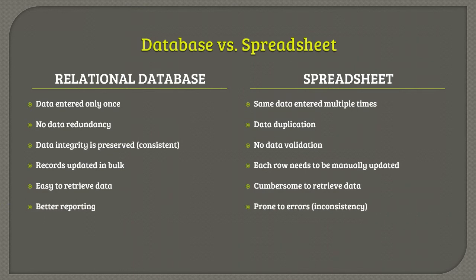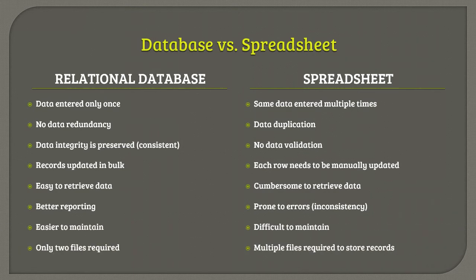Better reporting in a database, whereas the spreadsheet is prone to errors and could contain some inconsistencies. A database is easier to maintain and only requires 2 files, whereas the spreadsheet is difficult to maintain and requires multiple files to store records.